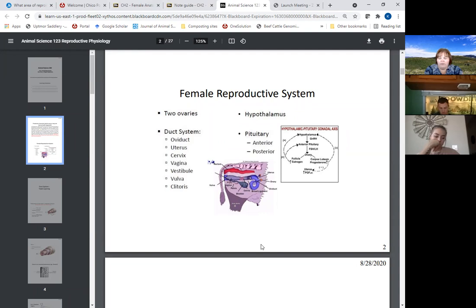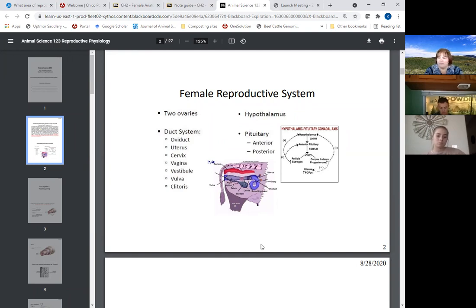So my goal for you guys is that if you get a question of like, if you were a sperm cell and you were deposited in the vagina, what is your path? That you could do that without any issues, okay? You would have that whole path memorized.